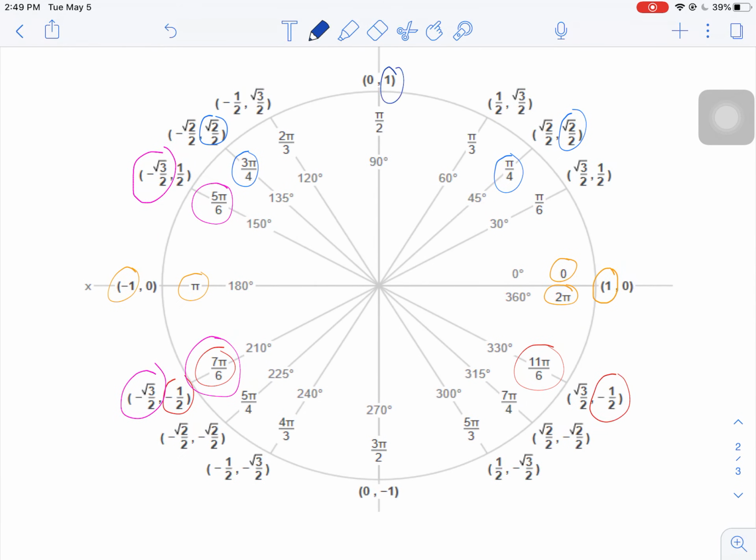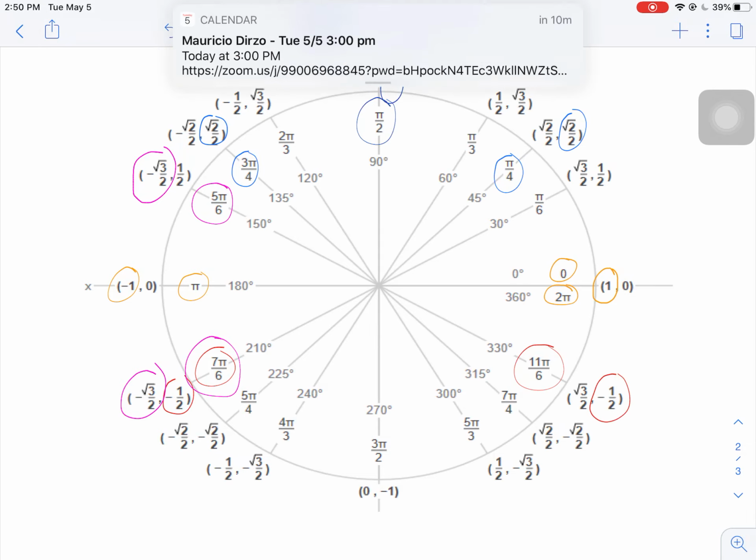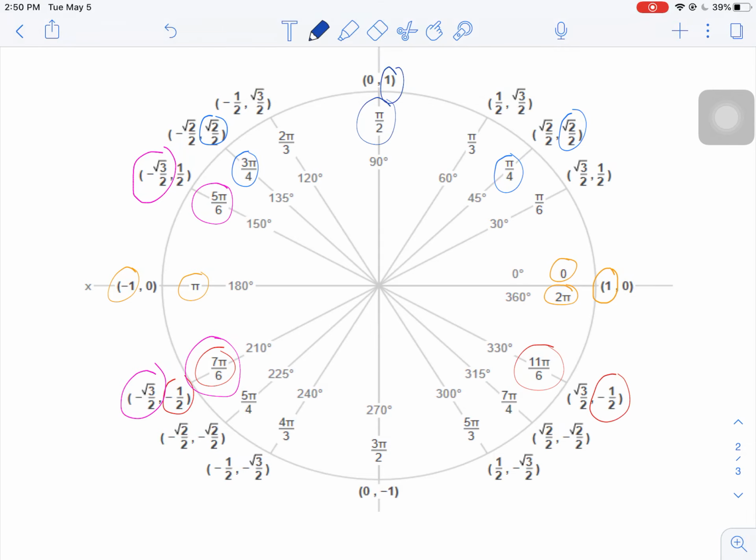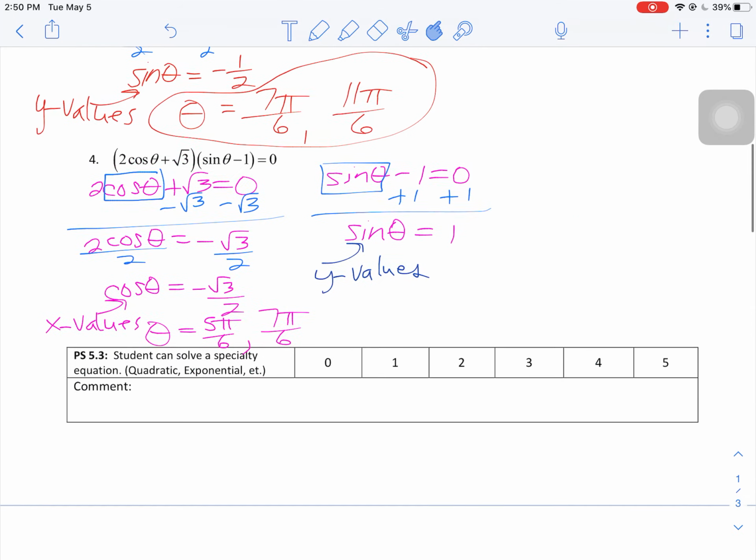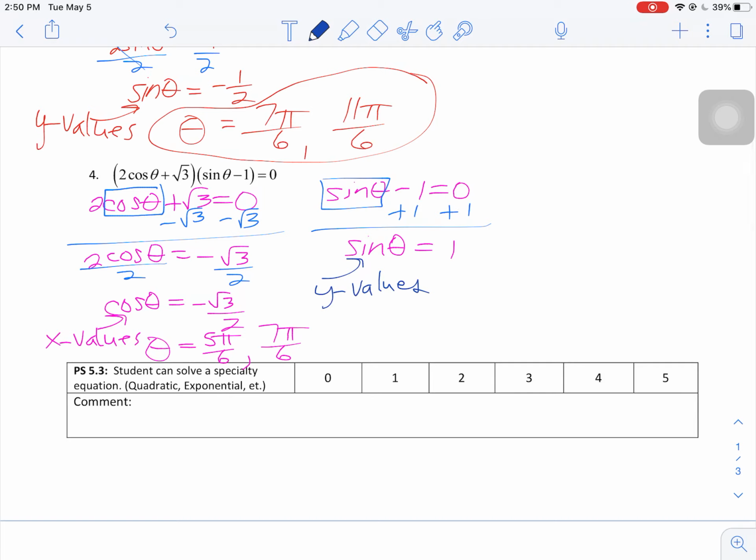So there's one right there at pi over 2, and I think that should be the only one. So theta equals pi over 2. So since these were all a part of the same equation, we have multiple answers. These are answers, and so is this. And then that's it.